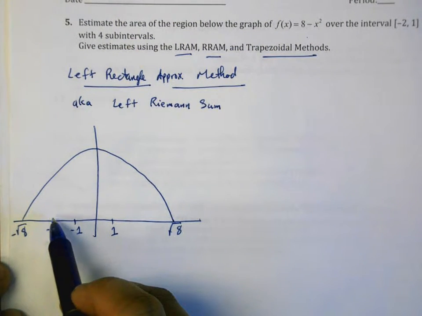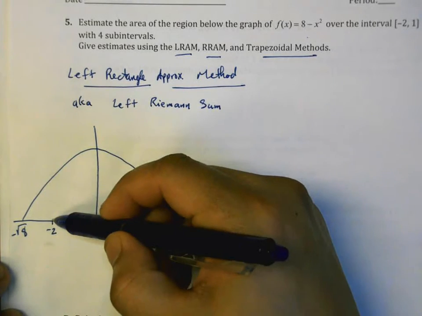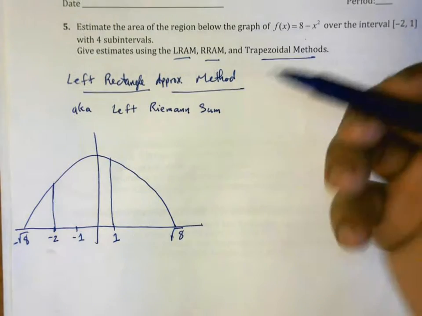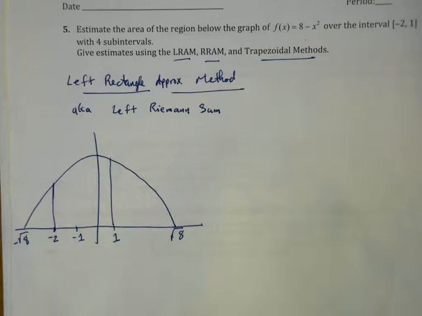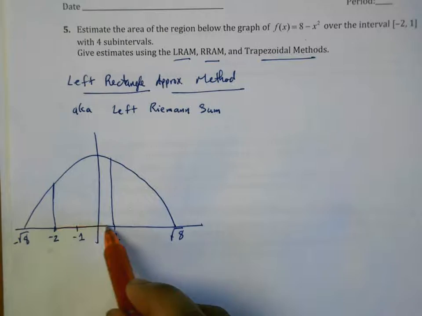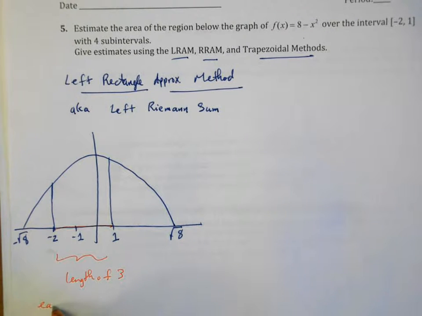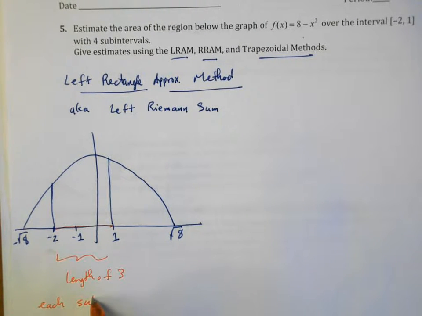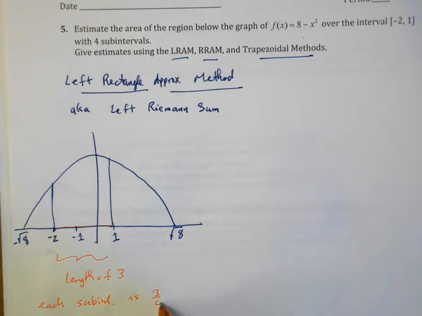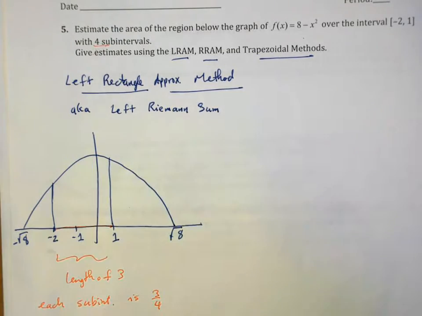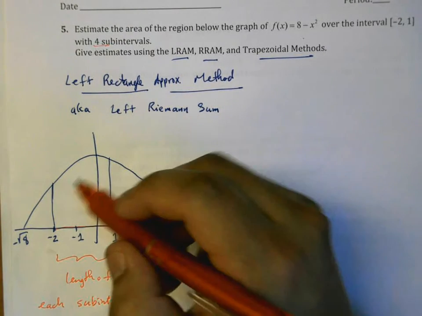So basically we're going to cut this section here into 4 different subintervals, and since this has a length of 3, that means each subinterval is 3 over 4 because we want 4 of them. So each one of them is going to be 3/4 long.